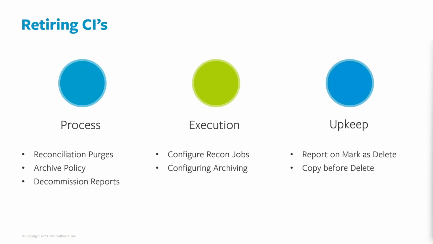Now, we have this ability of archiving that you are more than welcome to use. It works perfectly fine, but there are certain implications that get into that. So if you're considering archiving in your CMDB, you might want to ask for some help. You might want to investigate that a little bit further. And then, of course, report on your mark as delete and copy before delete. We're going to talk about that as well later on.